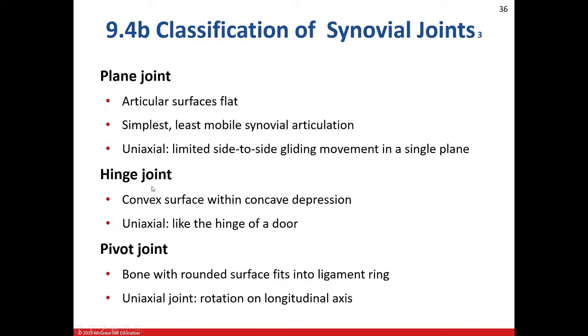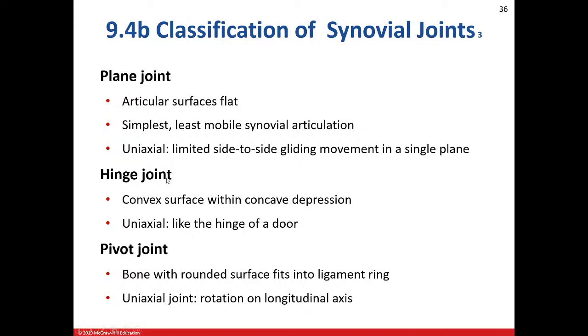Then we have a hinge joint, which has a convex surface within a concave depression. They are also uniaxial, like a hinge on a door that just moves front and back. And so at the knee, you can move front and back. At the joint between your distal and proximal phalanges in the thumb, it can just move front and back.